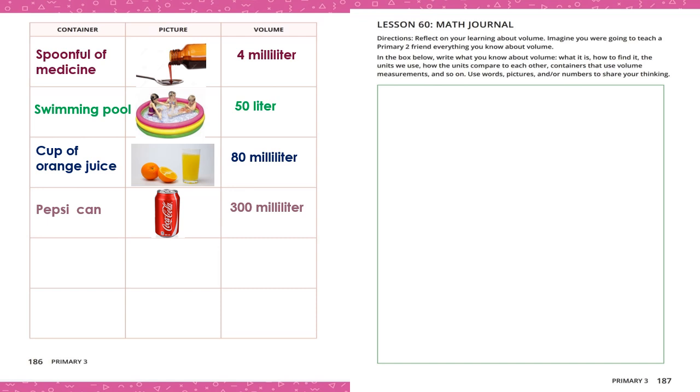The next page, our math journal. Reflect on your learning about volume. Imagine we're going to teach a primary 2 friend everything we know about volume. First, I will tell him some important points. The first is the meaning of volume. Volume is the measurement of how much a container can hold.